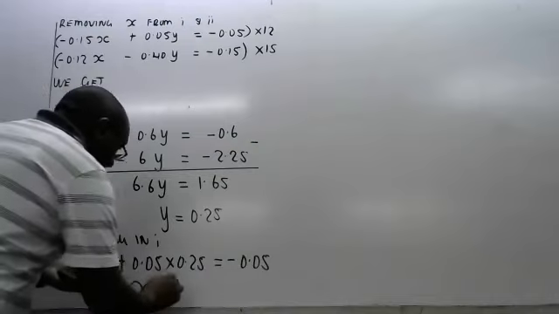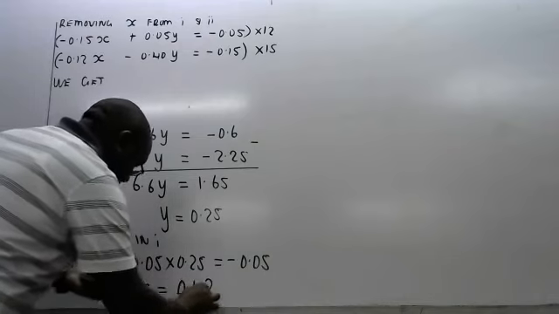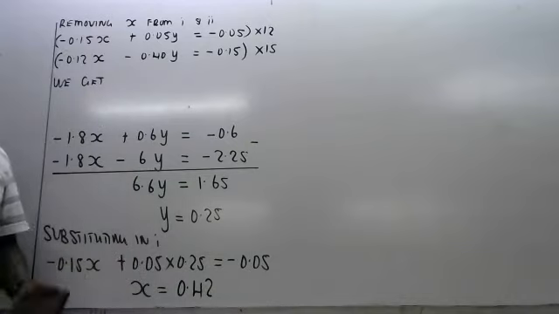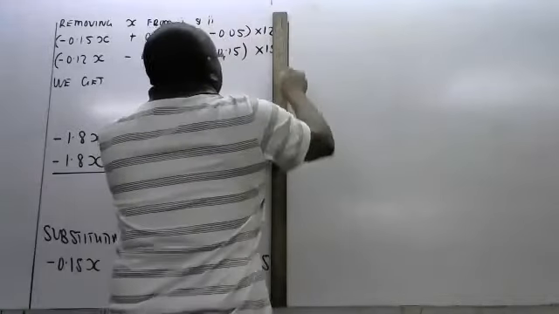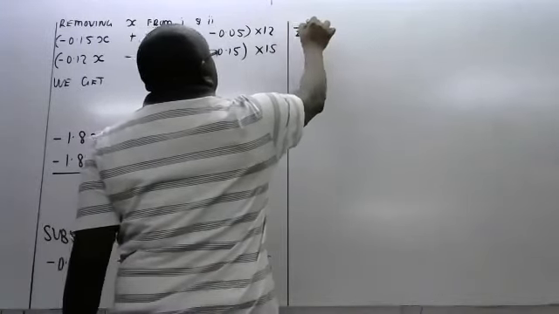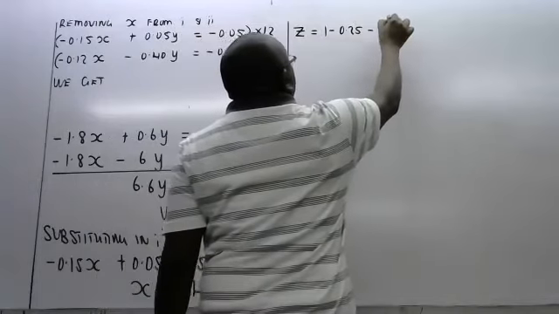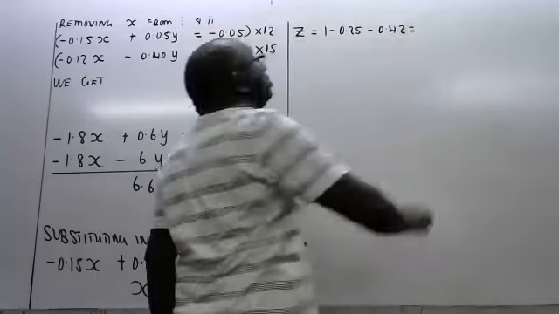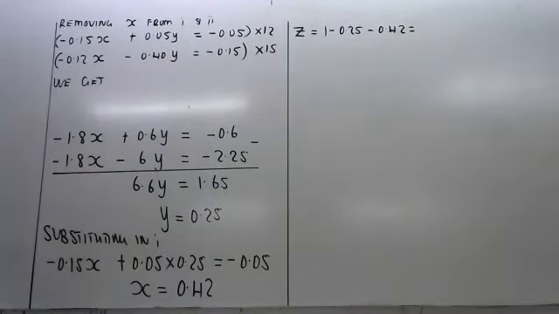If I just confine myself to 2 decimals, that would be 0.42. Z will be 1 minus 0.25 minus 0.42.